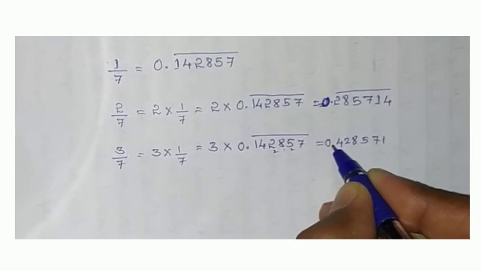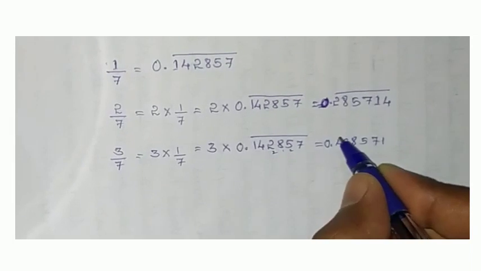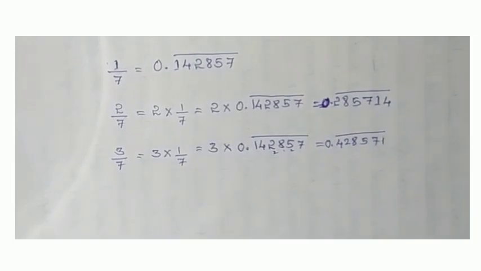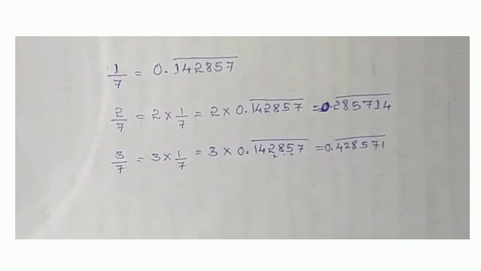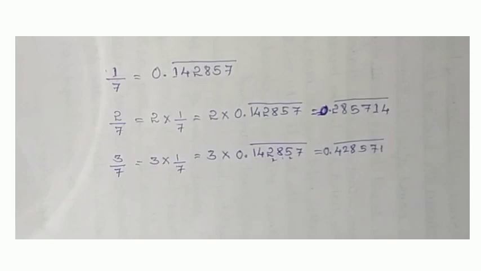So here we will get 0.428571, which is non-terminating recurring. Like that you do yourself for the 4 by 7, 5 by 7 and 6 by 7.